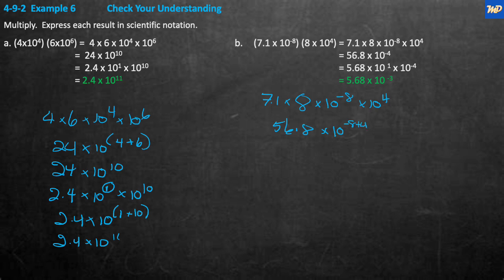Okay, those come out pretty easy. So it's 56.8 times 10 to the minus 4.